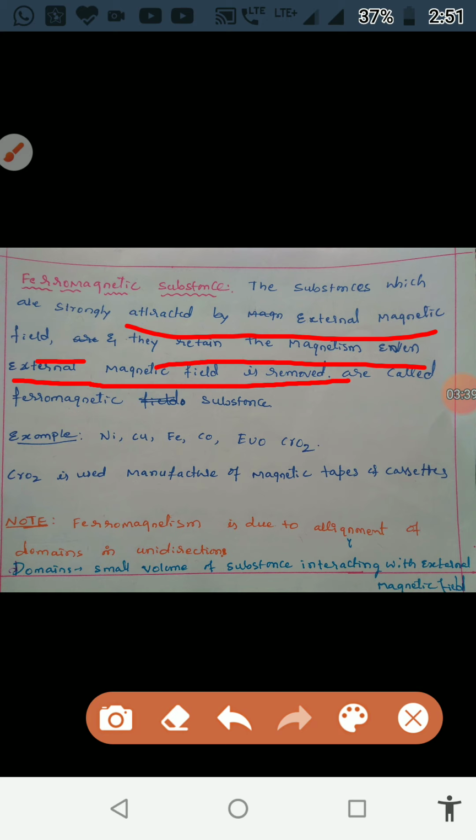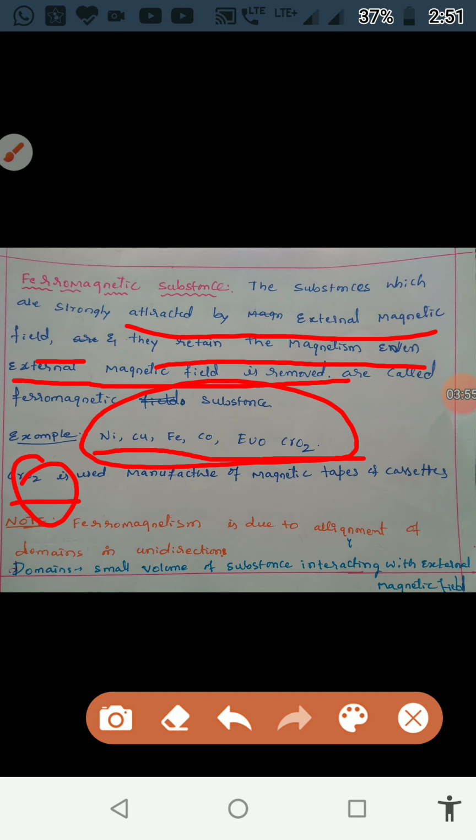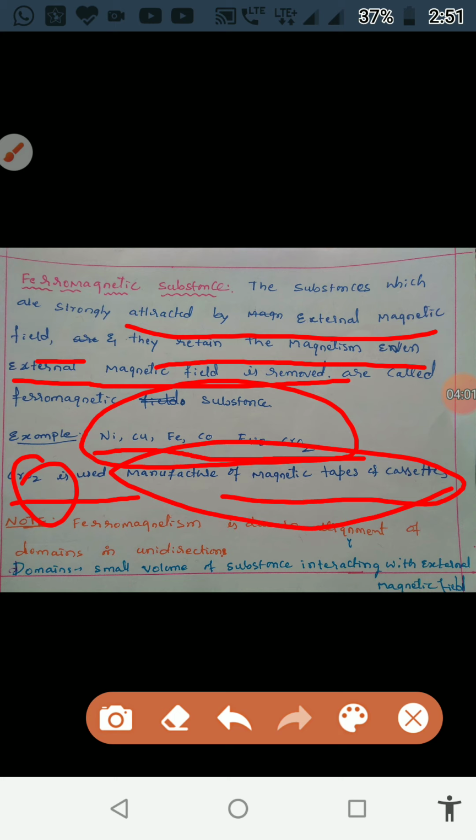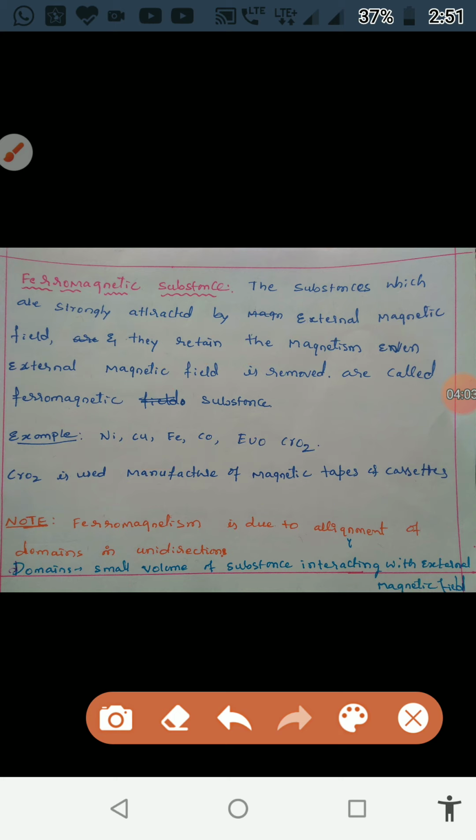Examples are the metals like nickel, iron, cobalt, and europium oxide and chromium dioxide. These are all examples for ferromagnetic substances. Chromium dioxide is used for the manufacture of magnetic tapes in cassettes. This is regarding these ferromagnetic substances.